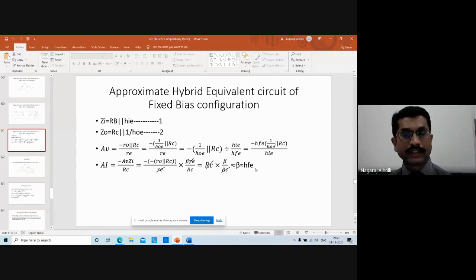Just note down these formulas quickly. Is it noted down?